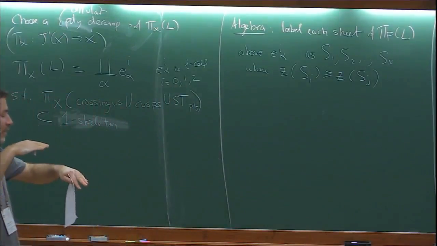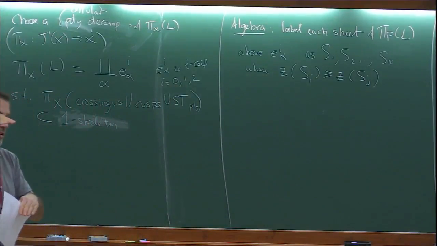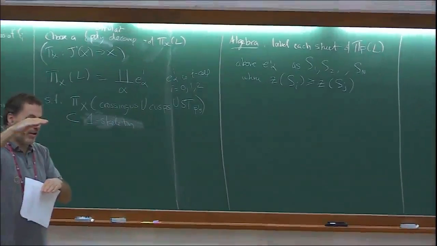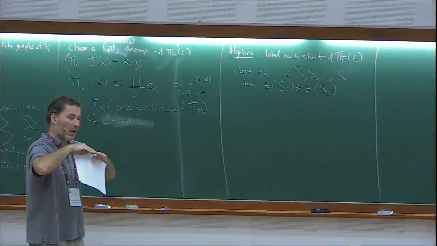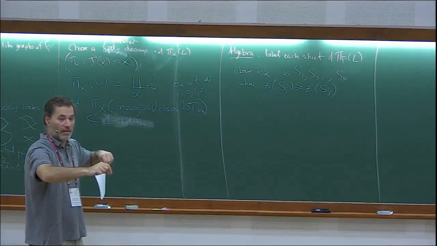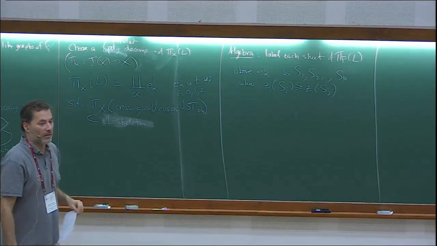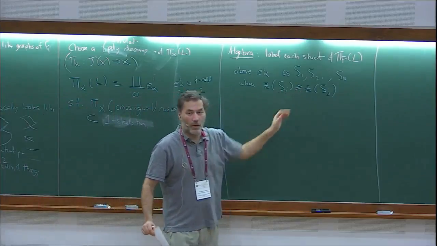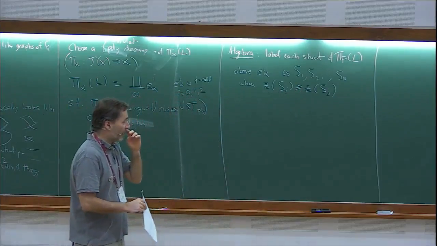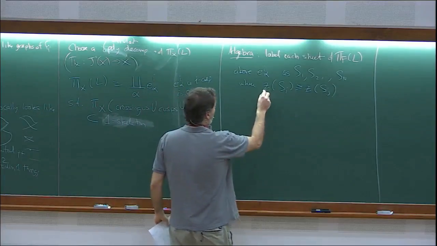So I'm never going to have a 2-cell where one sheet is above the other here, and that sheet is below the other here, because they'd have to cross, and that crossing would be a 1-cell splitting up the 2-cell. So I've got a well-defined relationship between the heights of the sheets. This is the z-coordinate.